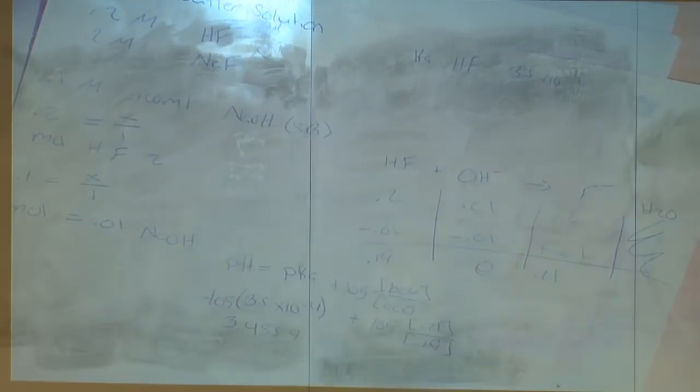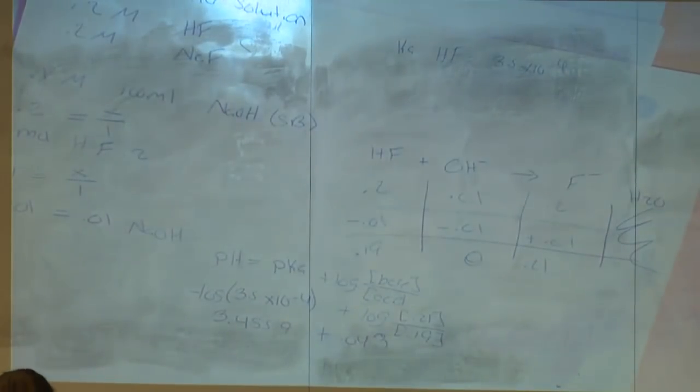So we get 3.4559 plus log of 0.21 over 0.19, so we're going to add 0.043. So you get 3.499. The pH didn't change a lot because we didn't add a lot of this base right here.